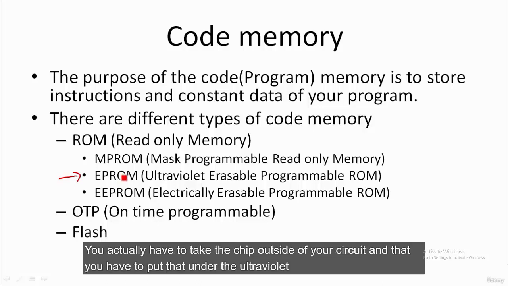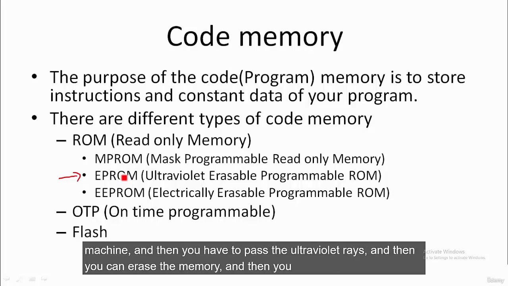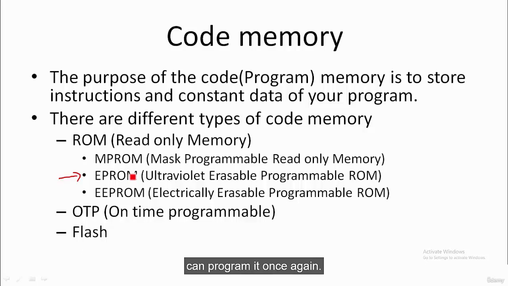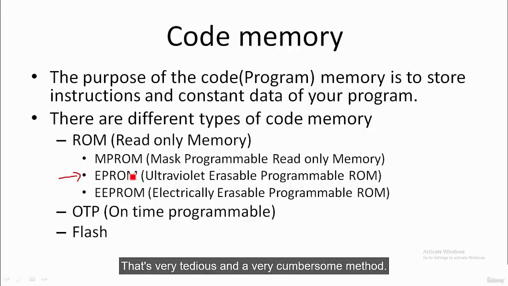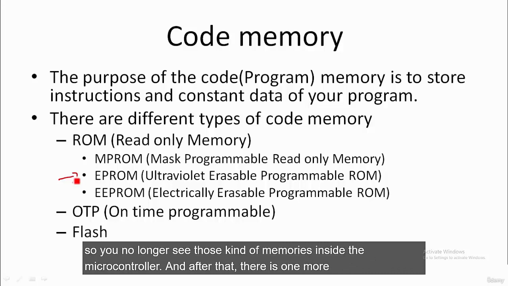You have to take the chip out of your circuit, put it under an ultraviolet machine, pass ultraviolet rays, and then you can erase the memory and program it once again. That's a very tedious method. So usage of EPROM is almost obsolete. You no longer see those kinds of memories inside the microcontroller.